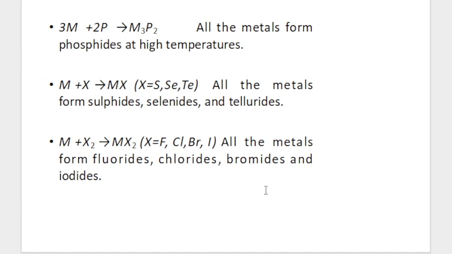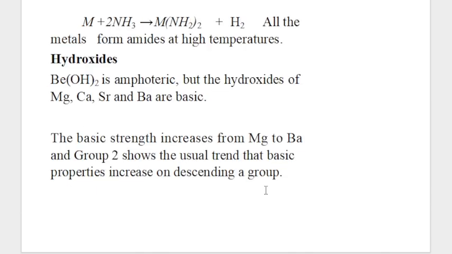All of these metals will react with sulfur, selenium, and tellurium to form your sulfides, selenides, and tellurides. Whenever these metals react with halogens, they form your halides, basically fluorides, chlorides, bromides. You would also notice that they can react with ammonia to form the amides at a very high temperature.